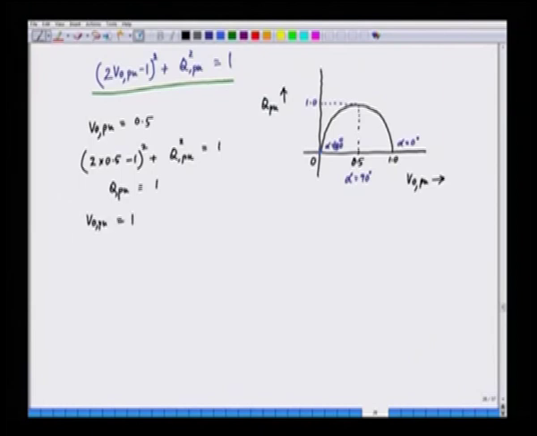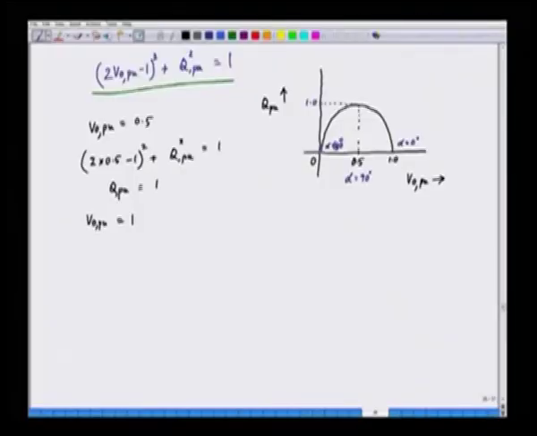And suppose in this case we take V naught per unit as 1, we want to obtain the maximum possible output voltage. So, if V naught per unit is 1, what about Q per unit? We can substitute the same value in this equation. So, we have 2 into 1 minus 1 whole square plus Q per unit square is equal to 1.